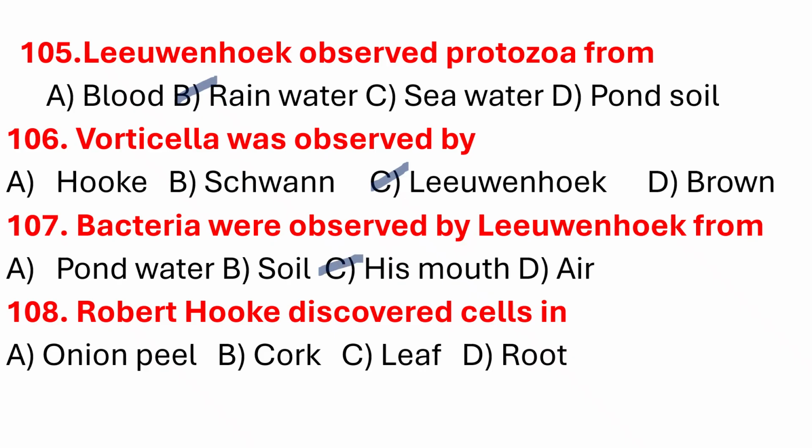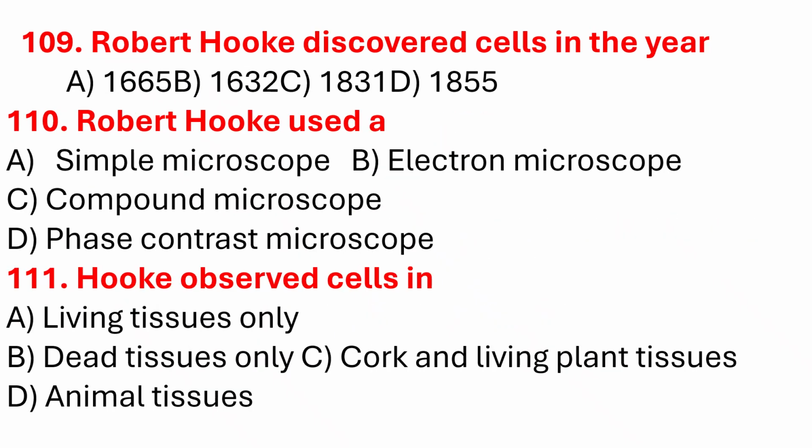Robert Hooke discovered cells in onion peel, cork, leaf, root: cork. Robert Hooke discovered cells in the year 1665.